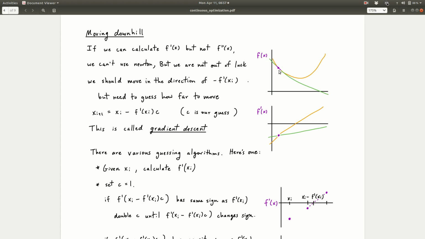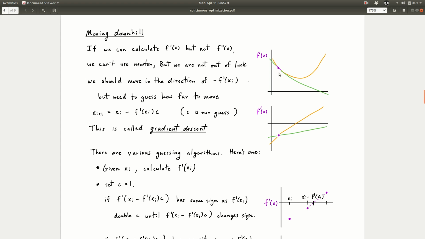But if you don't know the second derivative, it makes it hard to guess how far to move. So what I plotted here are two different functions that match f of x and f prime of x, but have two wildly different minima. So the gold one has a minimum around here, and the green one has a minimum way off the page.